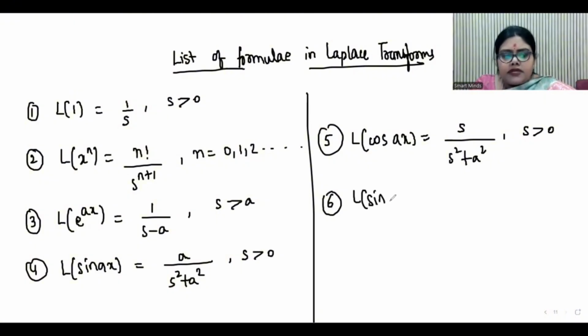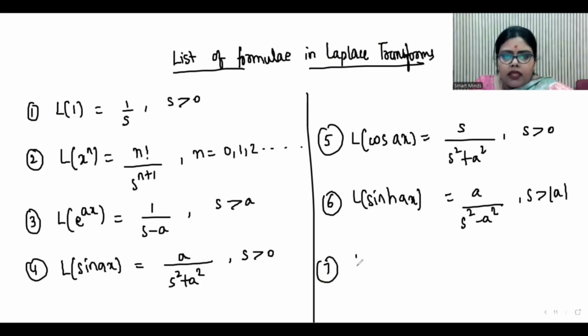L of sinh ax is a by (s square minus a square), where s is greater than mod a. L of cosh ax is s by (s square minus a square), where s is greater than mod a.